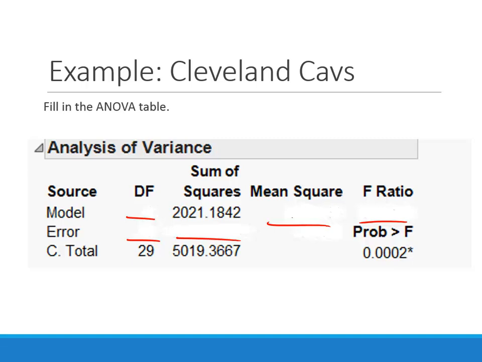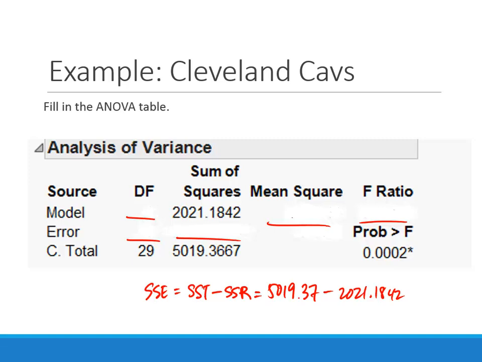How can I find what the error sum of squares is there based on just this information? Yeah, right. Remember, the error sum of squares is equal to the total sum of squares minus the regression sum of squares. So here that's 5019.37 minus 2021.1842.